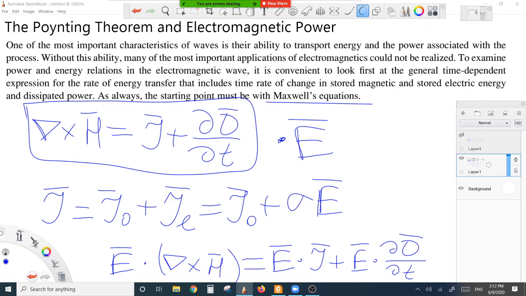It means that if we look at this expression, the first term on the right hand side is volumetric power density, and the second term we will discuss further.